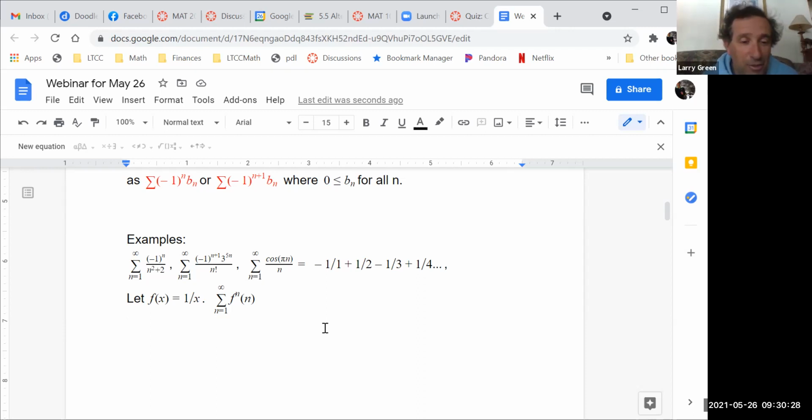And remember, f super n means the nth derivative of f, evaluated at n. That's what that means if you forgot your calculus. Is that an alternating series?